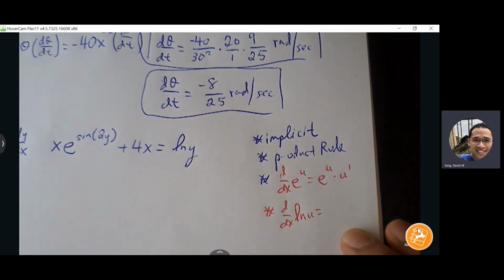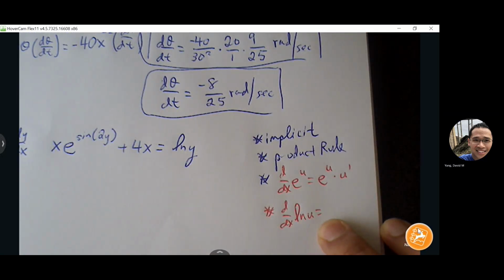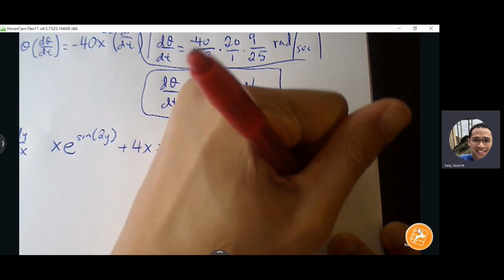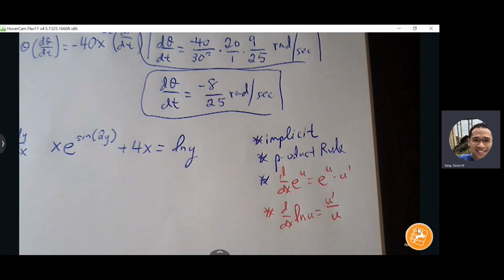What's natural log of u's derivative? u prime over u, right? So these are two important ones. You're going to see those on the test, and they're guaranteed to show up on the AP exam as well. They're one of the major ones that we'll see over and over again.